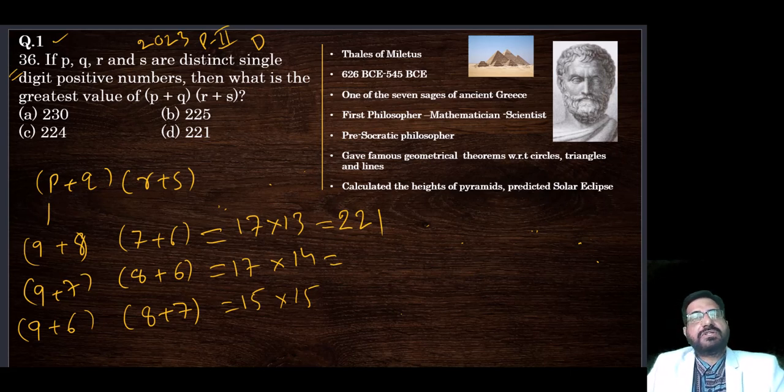Similarly, 9 plus 7, again 17 into 14: 17 into 10 is 170, 17 into 4 is 68, 170 plus 68 is how much? Will it be 238?